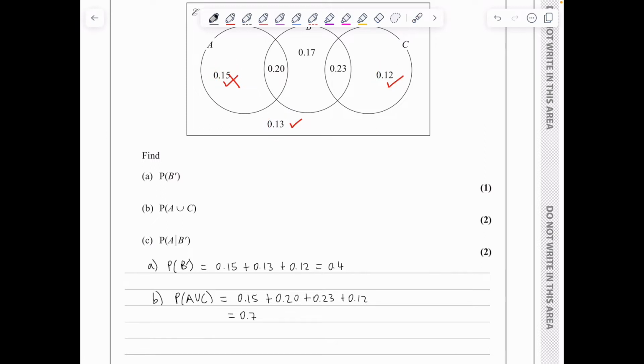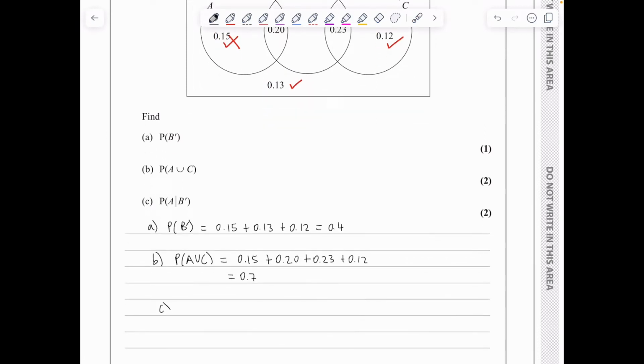So the probability of A given B dash is simply 0.15 over 0.15 plus 0.13 plus 0.12, which gives an answer of 3 over 8.